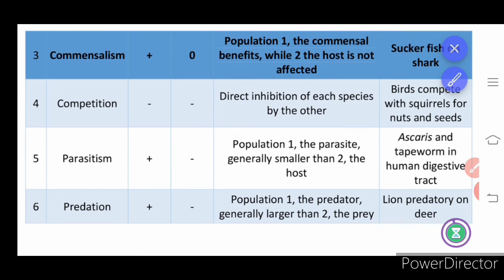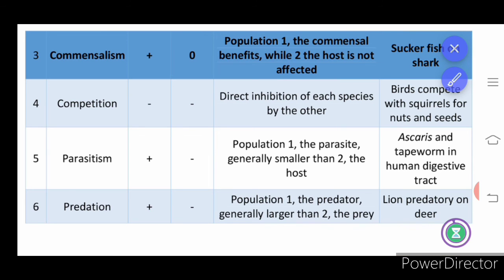In commensalism, one population benefits while the other is unaffected. A plus sign indicates advantage, a minus sign disadvantage, and 0 indicates no response. In parasitism, two organisms are involved: one is benefited, the other is not. In predation, one is benefited, the other is not.